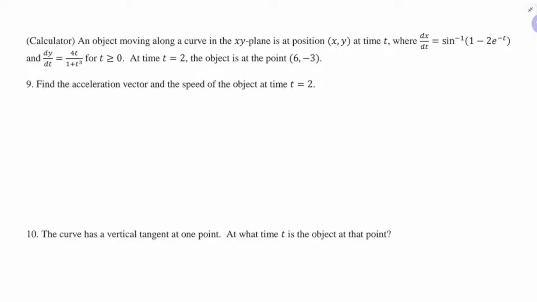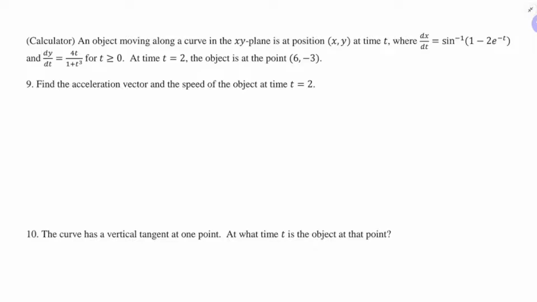Okay, and then dy dt is going to be 4t divided by 1 plus t cubed, 4t greater than or equal to 0. Okay, great. Got f and g.